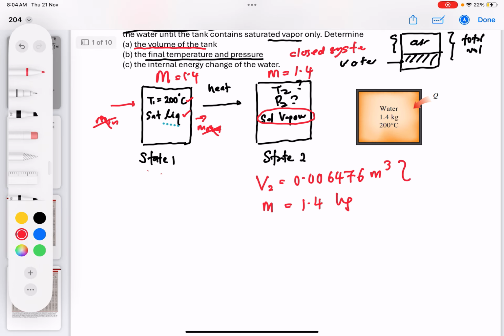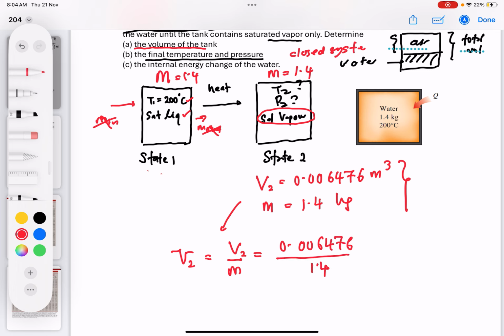So from here, I can calculate the specific volume for state number 2. Specific volume is simply volume 2 divided by mass, which is 0.006476 divided by 1.4, and it's going to be equal to 0.004626.